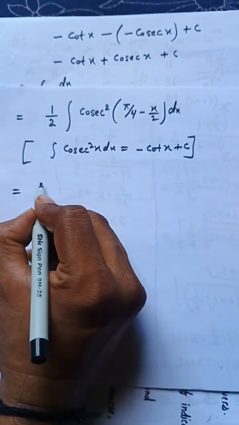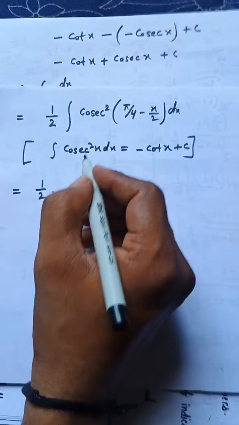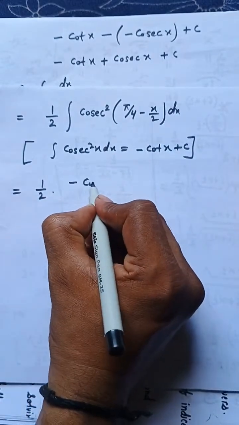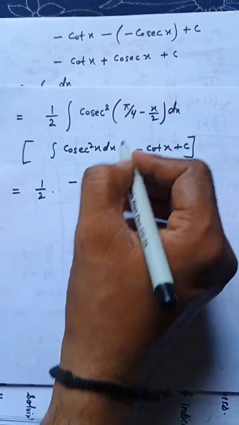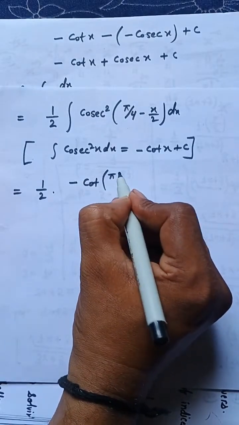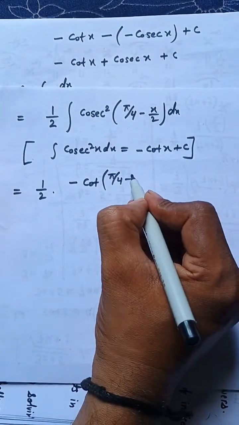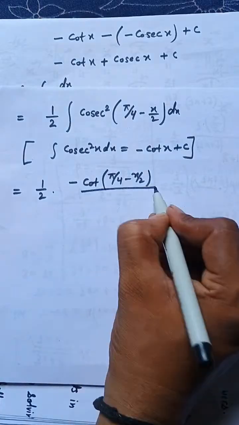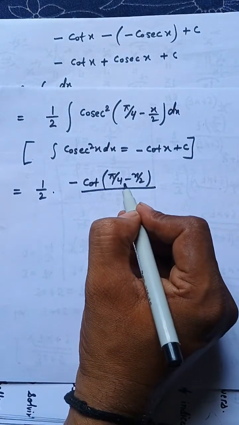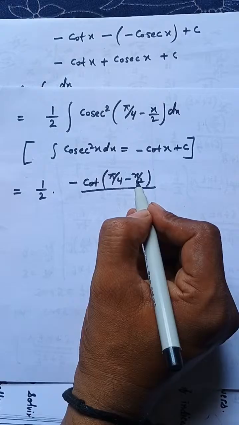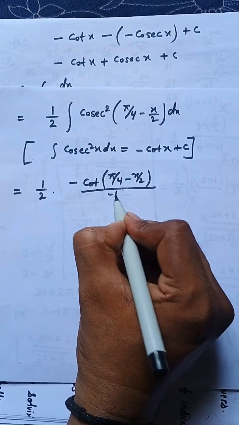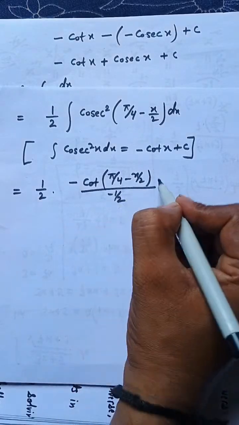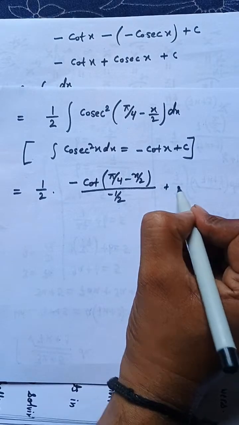So let's do here 1 upon 2 I can write, and cosec square is going to be replaced by minus cot x. So instead of x we have here pi upon 4 minus x upon 2, and then I'm just dividing this by the coefficient of x, that over here is minus 1 upon 2, and we have plus c.